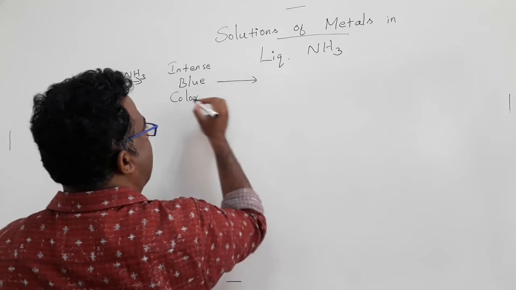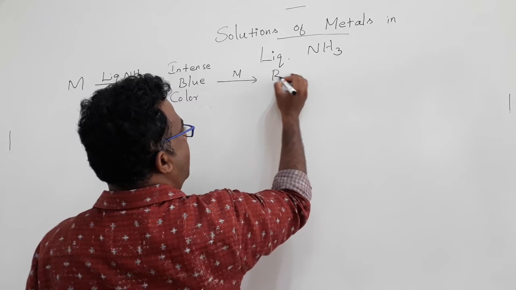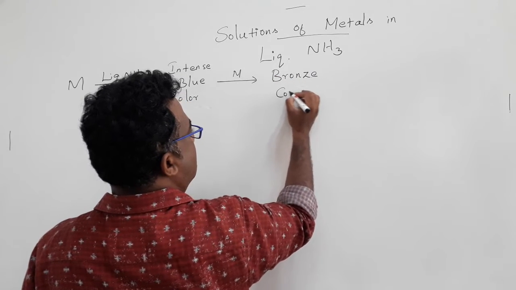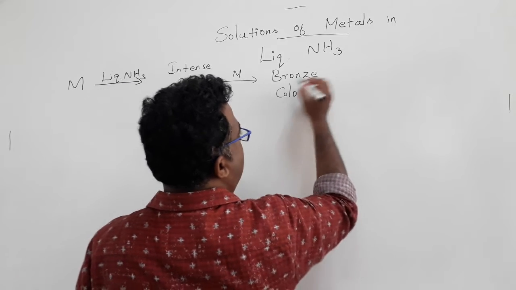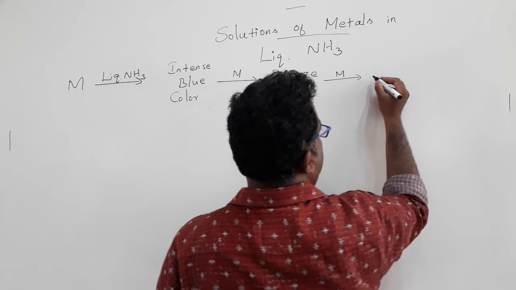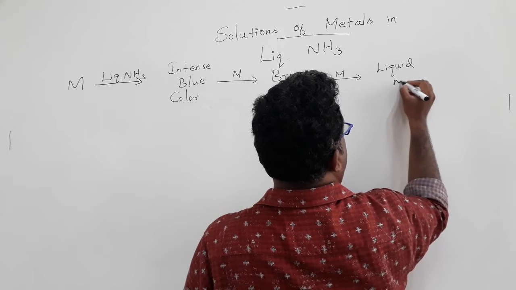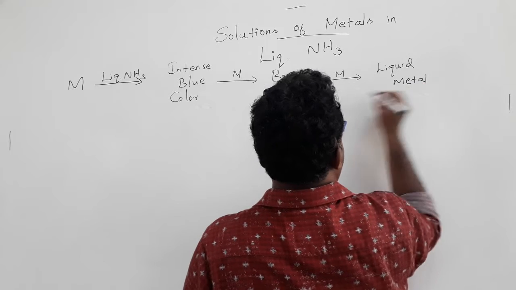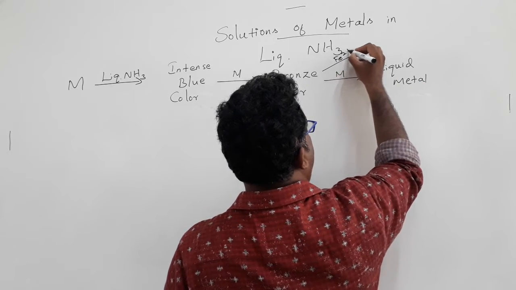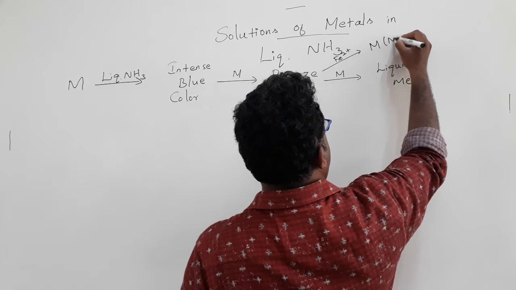Then if you further react metal with the intense blue color solution, you can get a bronze color solution. Then with further addition of metal, you can get back liquid metal. Or if you react this with iron 2 plus, you will get back metal amide.